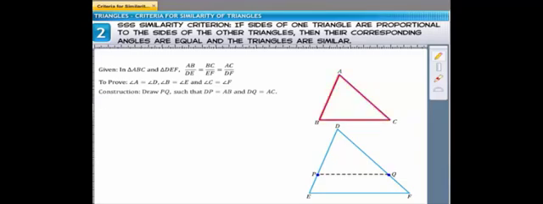In triangles ABC and DPQ, by construction, AB is equal to DP and AC is equal to DQ. Also, BC is equal to PQ. Hence, triangle ABC and triangle DPQ are congruent by the SSS congruence rule.